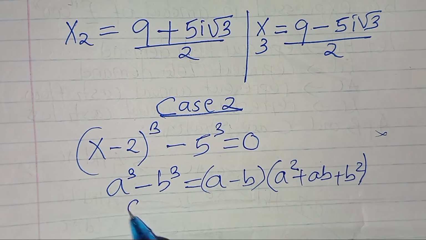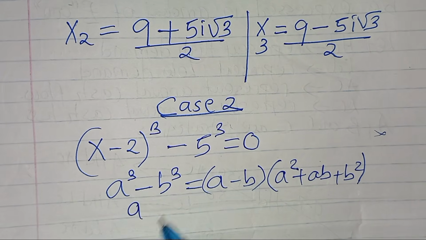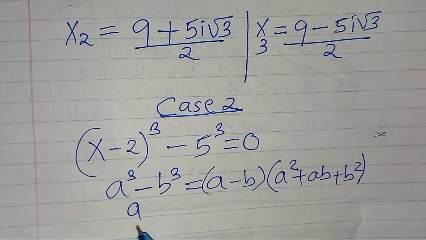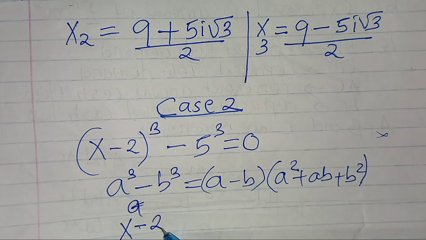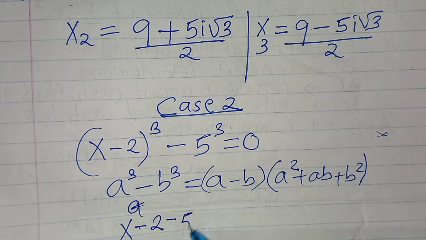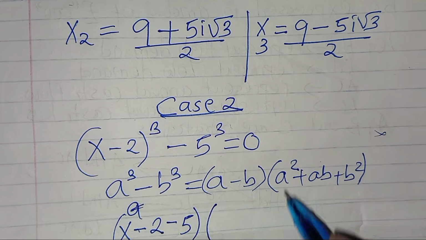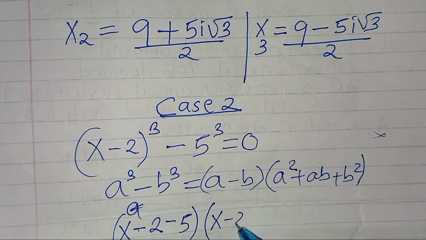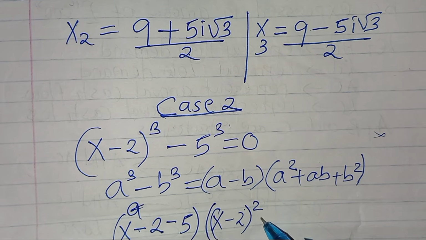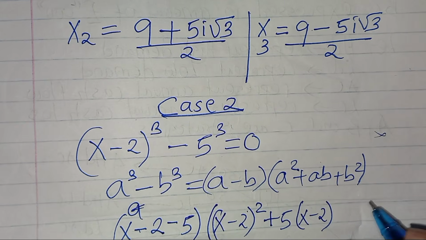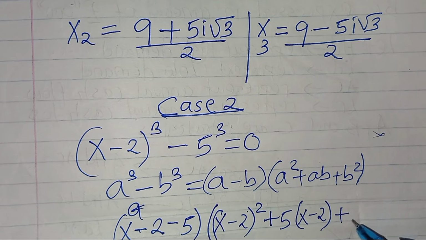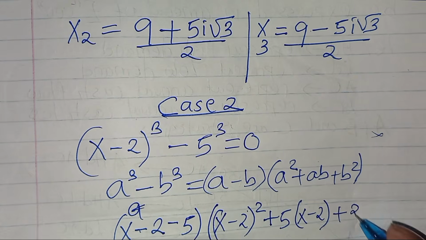So now, from what we have here, we'll have x, a minus b, in this case is x, subtract 2, subtract 5, then a squared, this is x minus 2, squared, plus 5, multiplied by x, subtract 2, then plus 5 squared, which is actually 25.